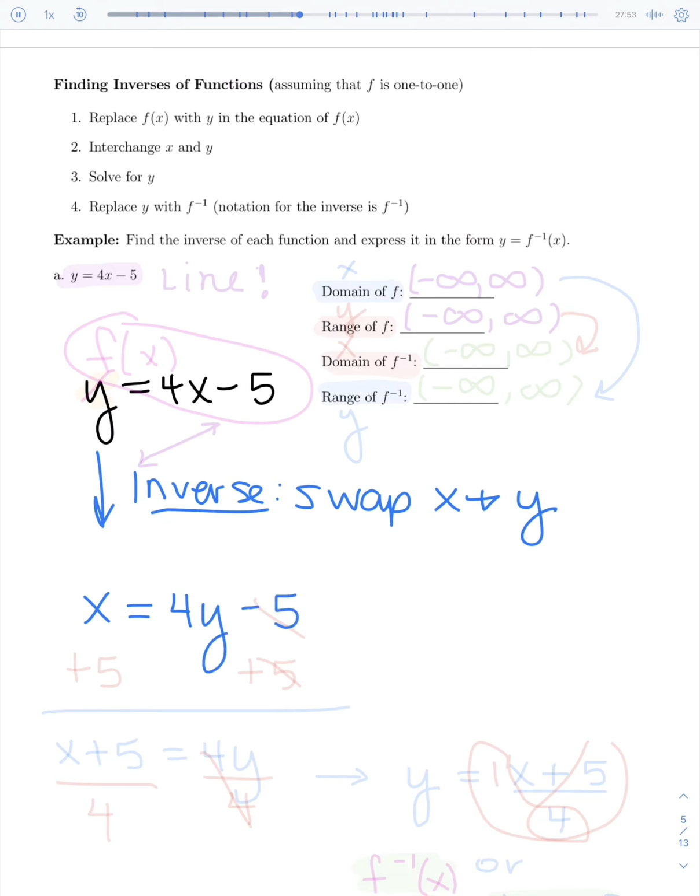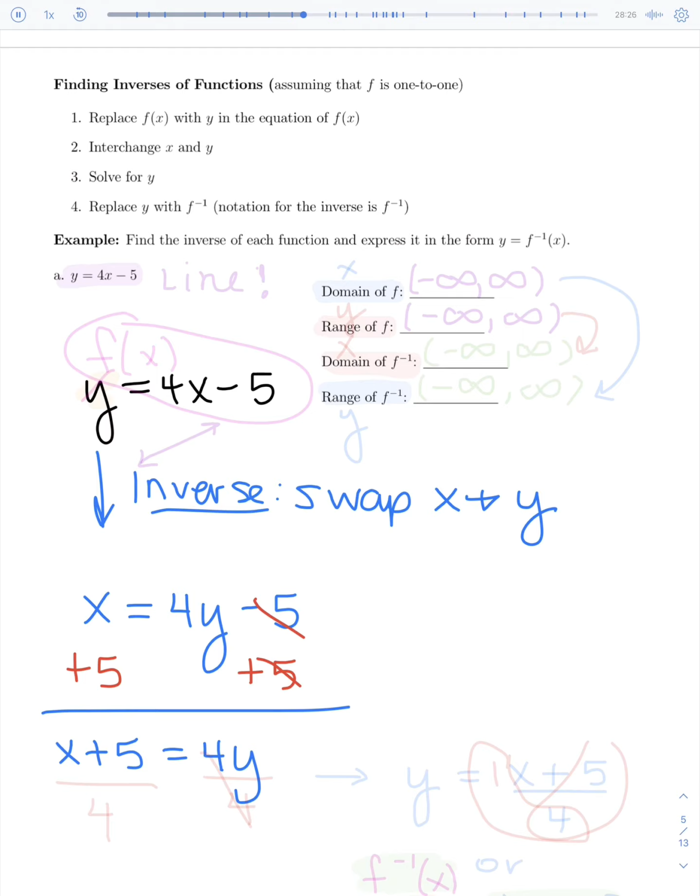So far, so good. However, whenever we have functions, we have them equal to y. Now it's equal to x. So I just need to do a little bit of algebra and solve this for y. How do you solve this for y? Well, we'd start off by adding 5 to both sides, which will give me x plus 5 equals 4y, and we moved the 5 to the other side, so that's gone.